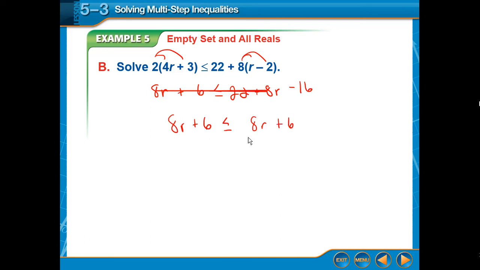So I get 8r plus 6 is less than or equal to 8r plus 6. Now this is a true statement because we also have that 'or equal to.' So we can say in this case that it is all real numbers. Anything we put into this inequality would give you the same thing on both sides, which would make that statement true.